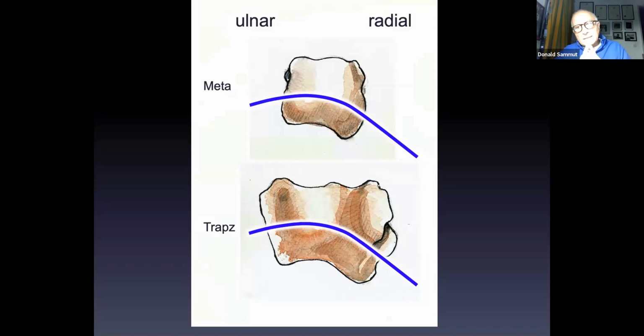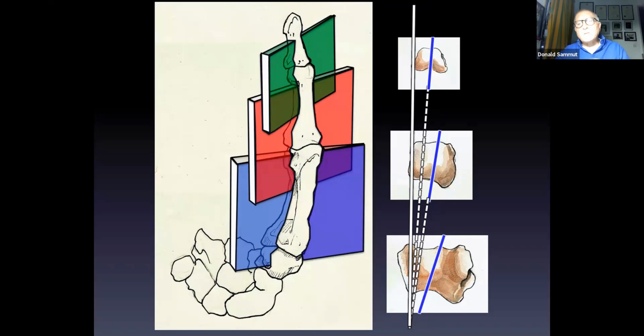This means that if you abduct this thumb, it will tend to rotate into pronation because the axes of the joints spiral as you go up the joints. So the thumb corkscrews its way around into pronation. Nothing to do with muscle, purely as a result of the shape of the joint.